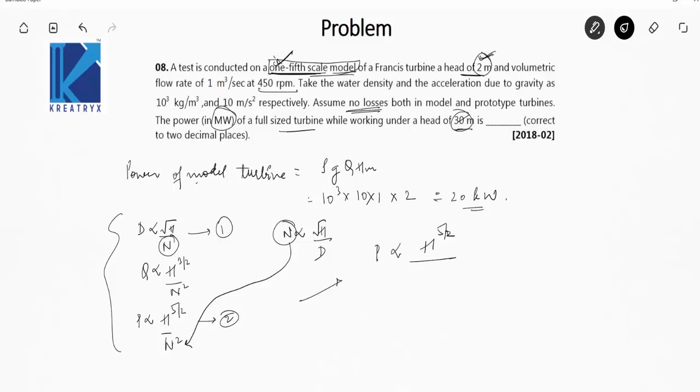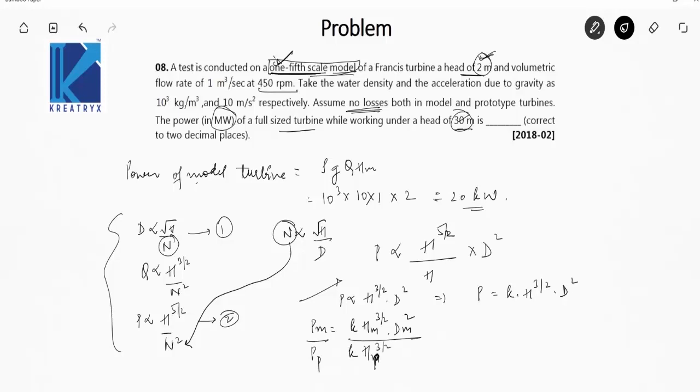This is n, be careful. So this will be h upon d square. I take d above, so this final relation will be h raised to the power 3 by 2 into d square. So P is equal to, let k be any constant, k h raised to the power 3 by 2 d square. For the model this will be k hm 3 by 2 dm square. I am directly dividing it by the prototype. K gets cancelled out.